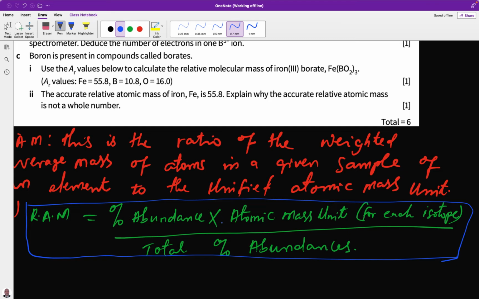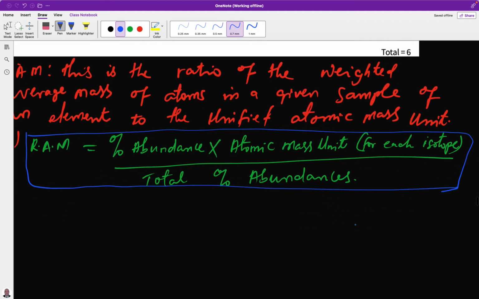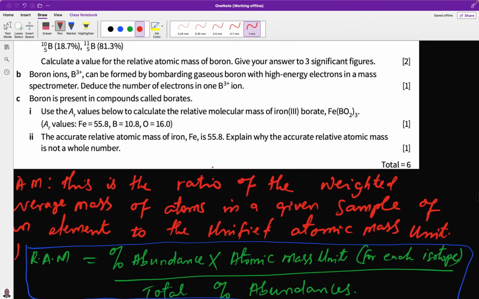Percentage abundance times the atomic mass unit for each isotope. If there are 5 isotopes there, you need to put all of them and then divide by the total percentage abundances. So in this case, what was given for boron is 18.7.